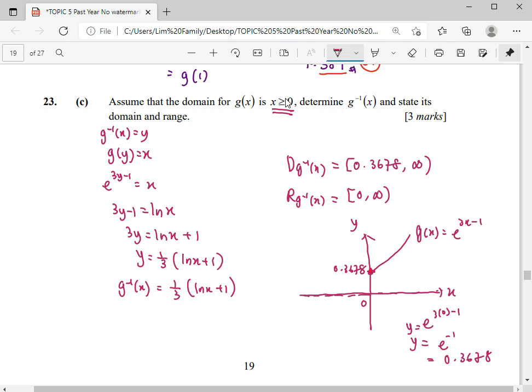When x equals to 0, this point is included, so this value of the y coordinate is also included. Seven, eight, nine, so I have to round off, giving more decimals.